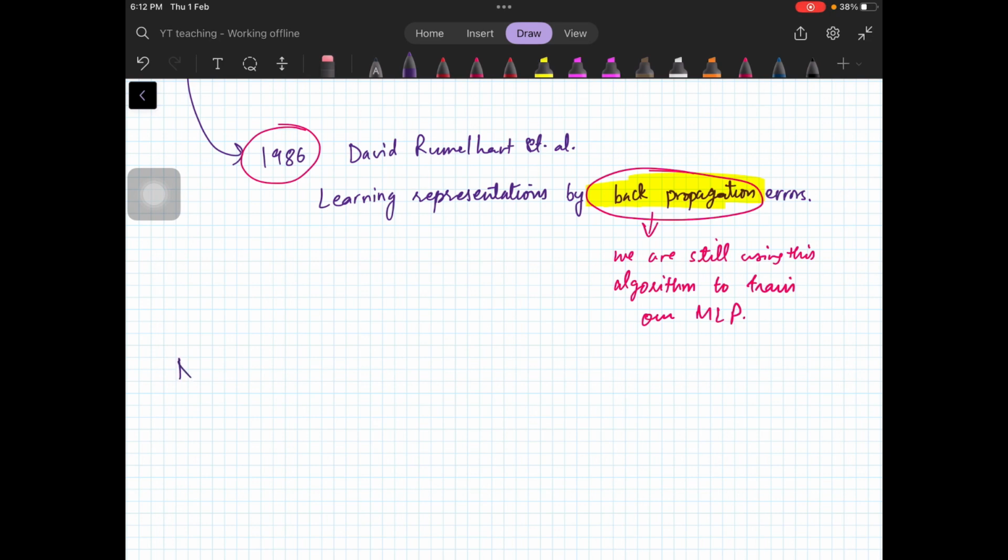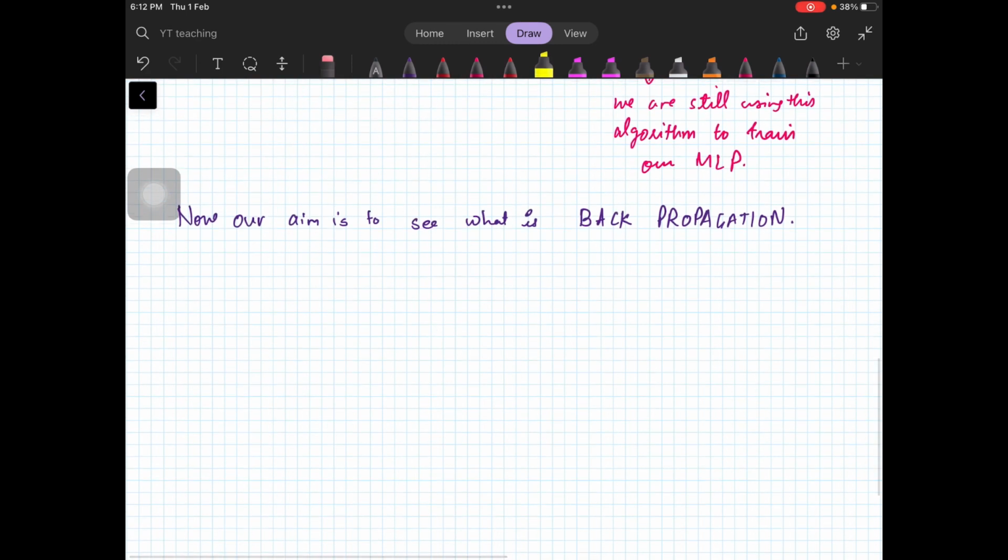Now let us see what is back propagation. Before introducing it mathematically, I would like to discuss something. The idea of back propagation is basically this.